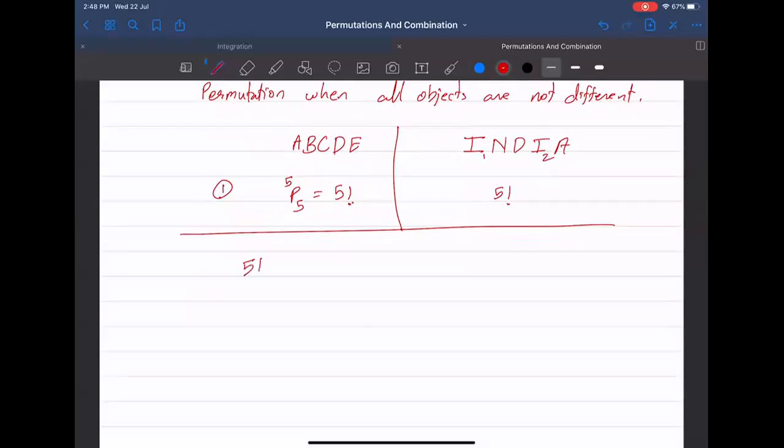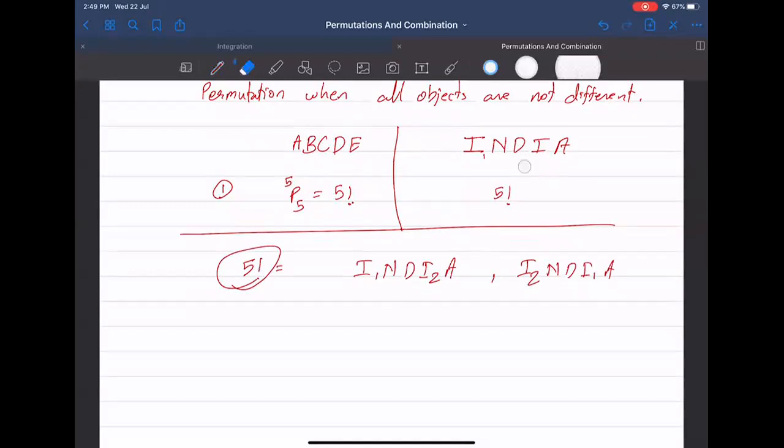In this 5 factorial, I1 D I2 A will be considered different from I2 D I1 A, correct? Because I1 and I2 are considered different. But in INDIA, these two will remain the same. This is equal to this.